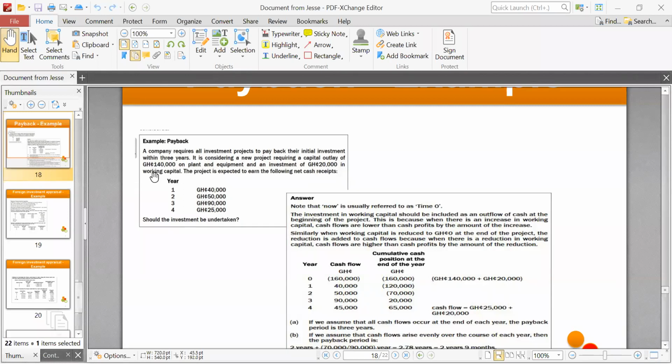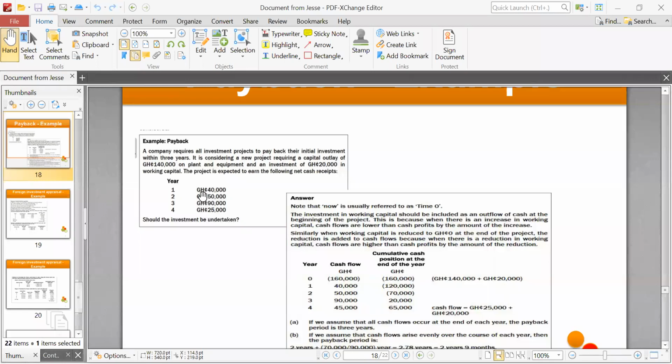So 140 plus 20 is 160. Now that would be our year zero, because that's an investment now. Anytime you hear now, it means year zero or time zero, whatever you want to call it.